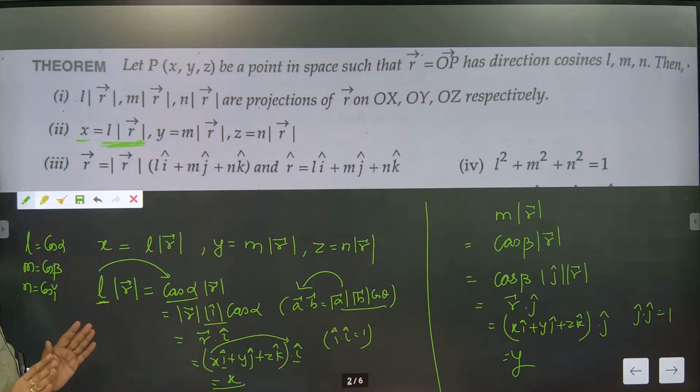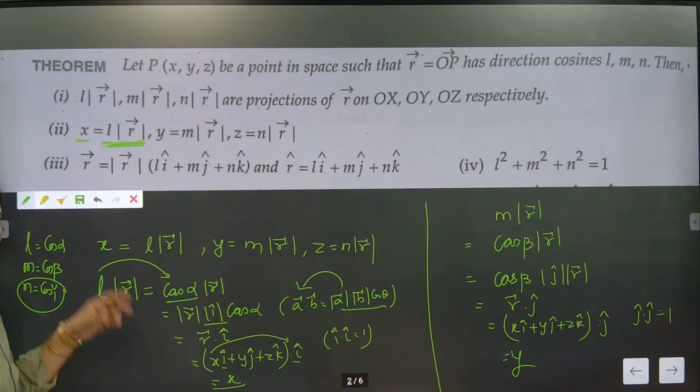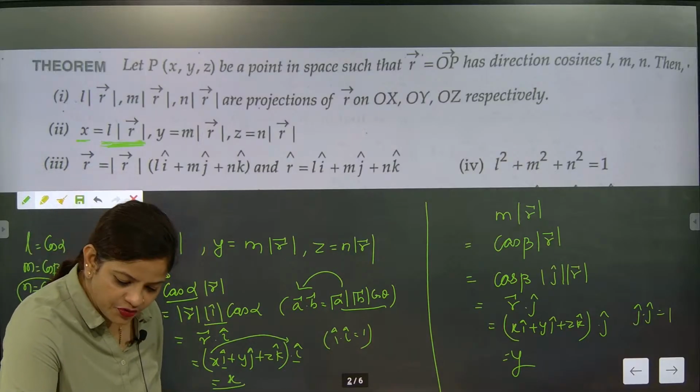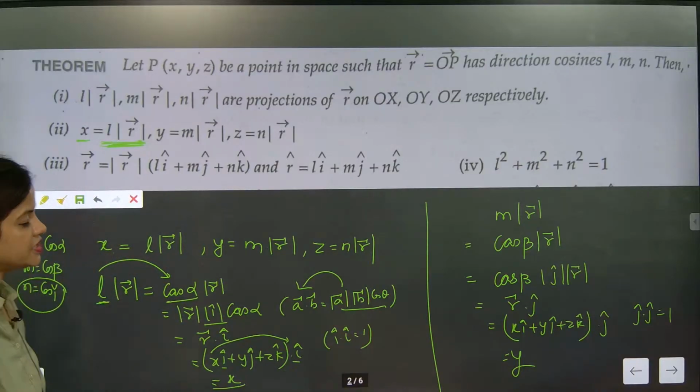Along Z axis, which component you are going to write? Cos gamma. n is equal to cos gamma. For Z you are going to do the same thing.